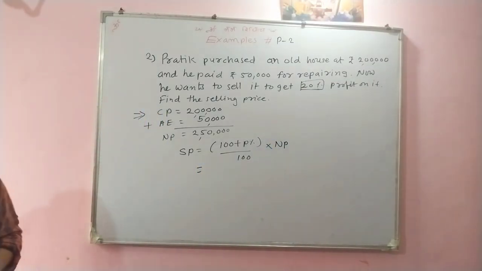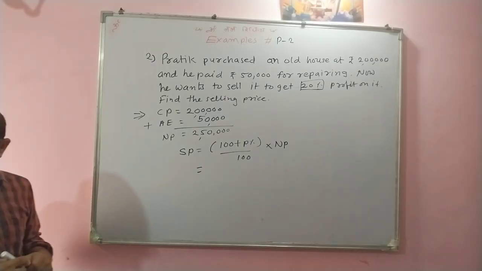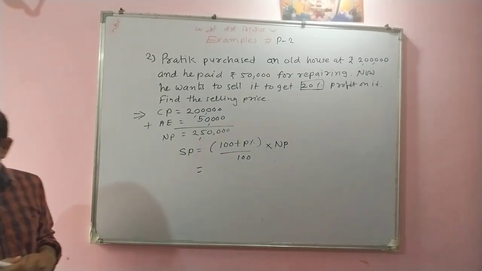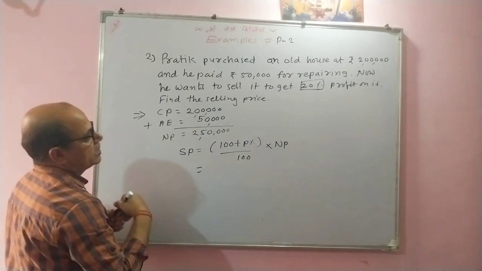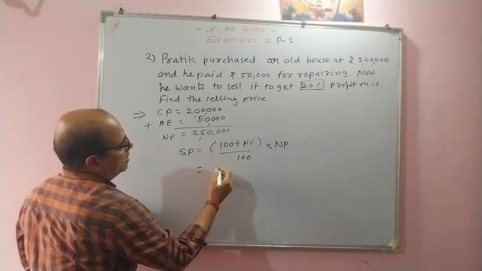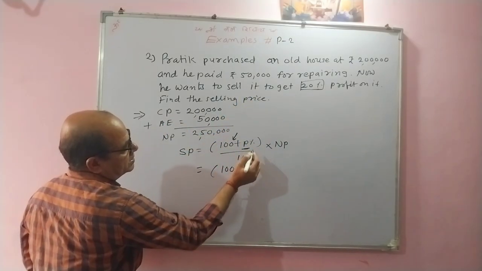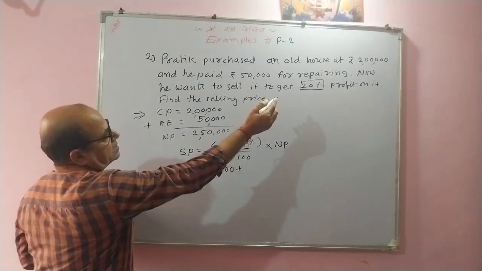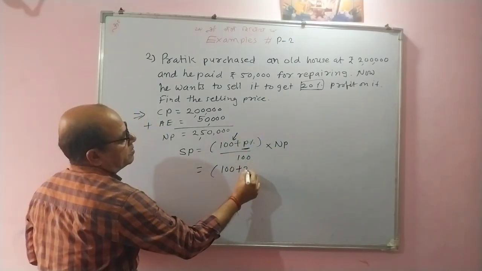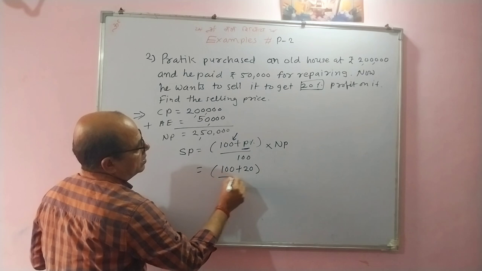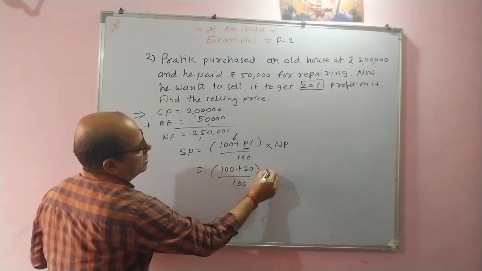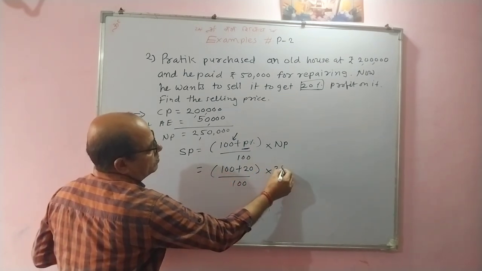Profit percentage upon 100 into NP. Now what is 100? 100 is already given. Why have I taken 100? Because it had profit percentage, plus how many percent he wants? 20%. Upon 100 into NP, which is equal to 2,50,000.